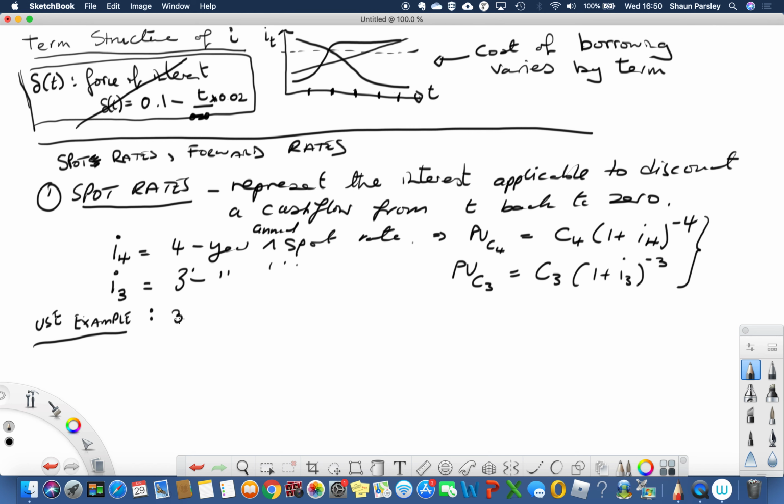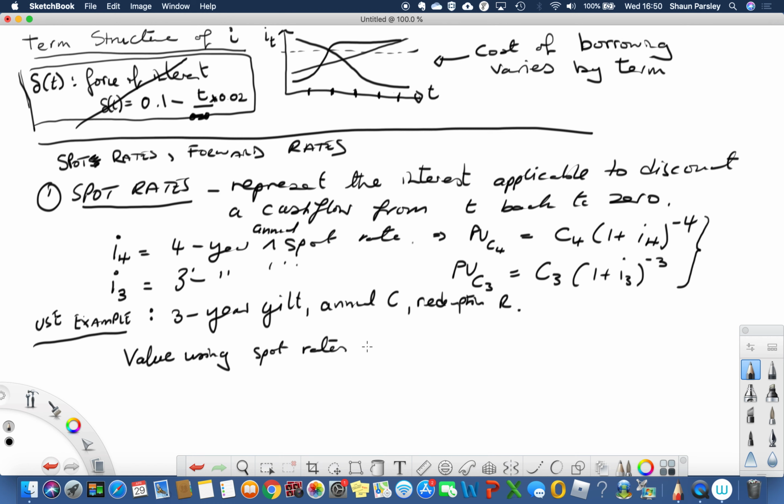So say we've got a 3-year gilt, annual coupon, and a redemption amount in 3 years R. So we can value that using spot rates, which are from the market. So each cash flow is discounted back by its appropriate spot rate.